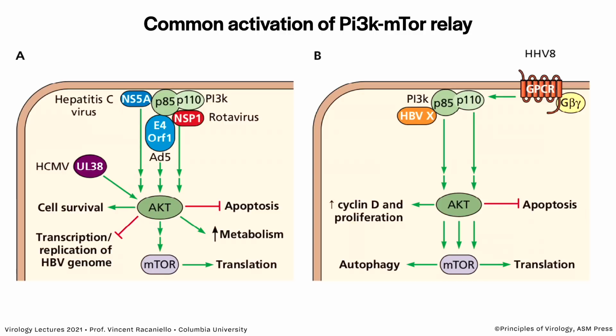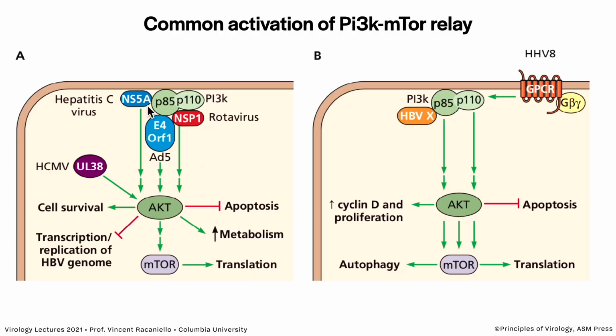Quite interesting. These PI3 kinases are involved in a lot of virus infections. And there's a particular relay called the PI3 kinase mTOR relay. mTOR is a master regulator of many cellular activities, including translation. And of course, viral messages need to be translated in virus-infected cells.